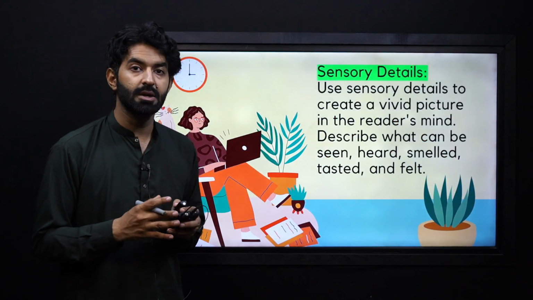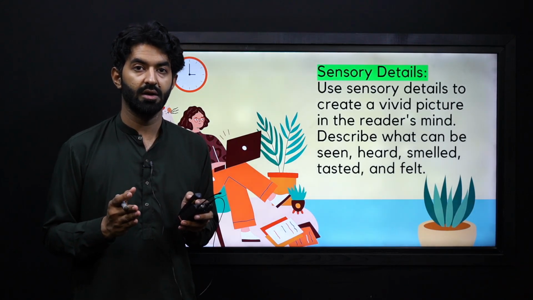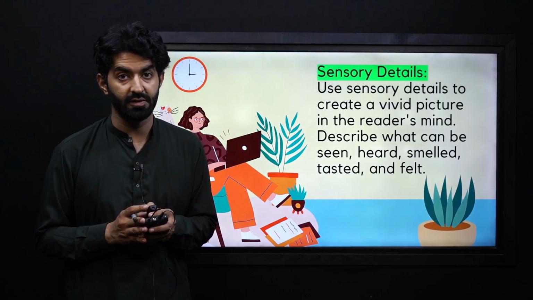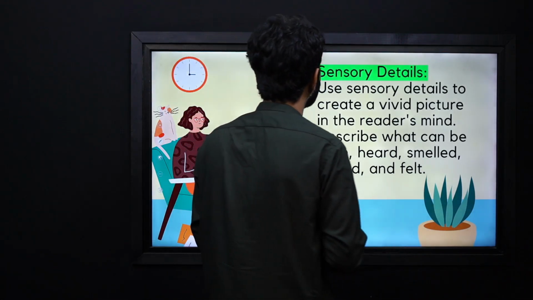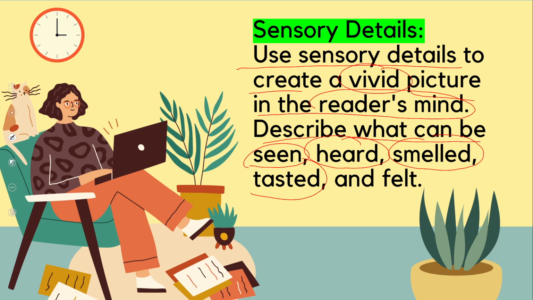Now let's see, we will be using sensory details in our writing, especially if you're writing descriptive essays. We use sensory details to create a vivid picture in the reader's mind, describing what can be seen, heard, smelled, tasted, and felt.